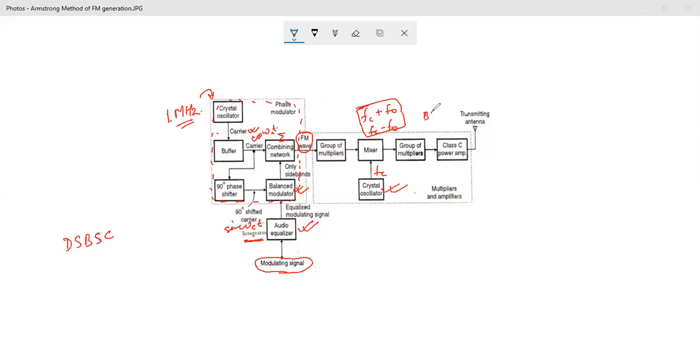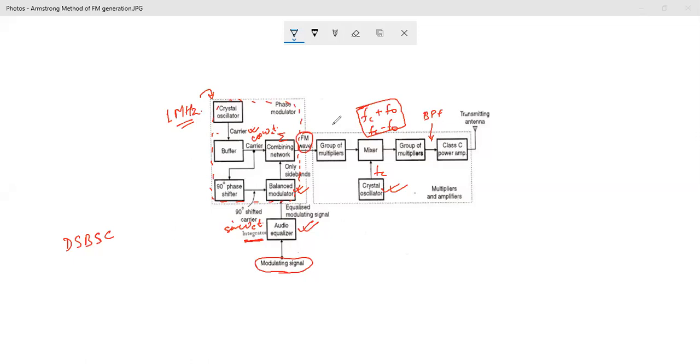In some of the books, you can see that a band pass filter may be there, so that we can get the intended frequency component which we are interested in, and those are passed through the class C power amplifier.